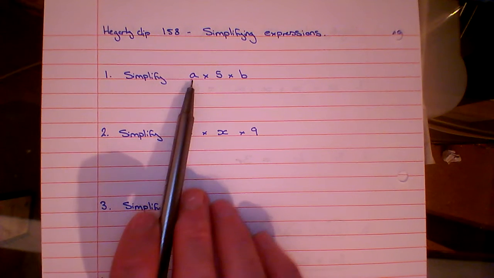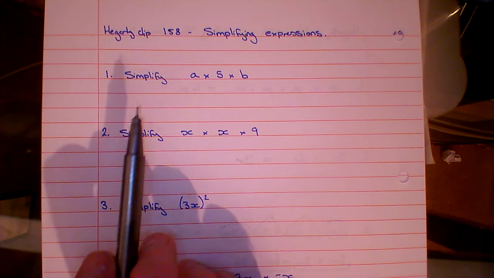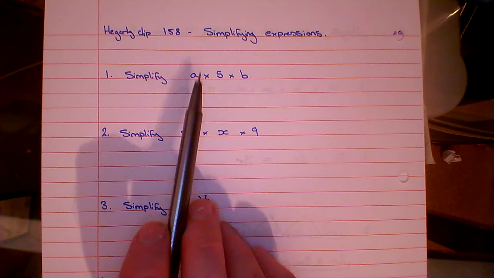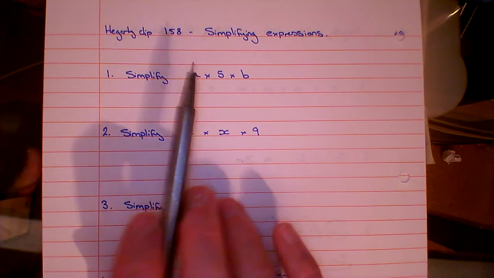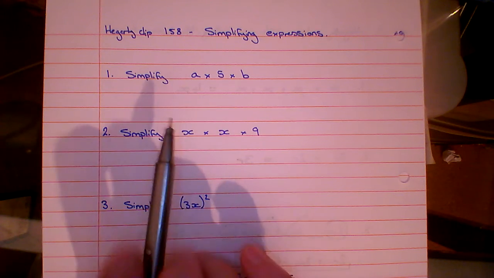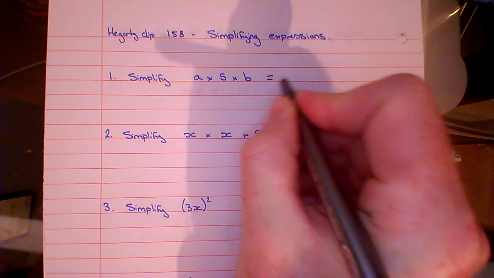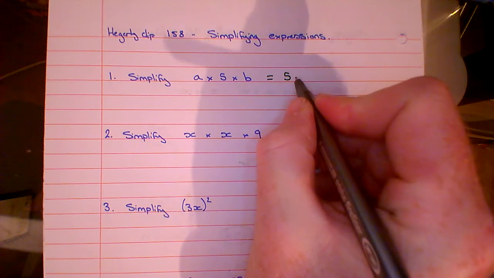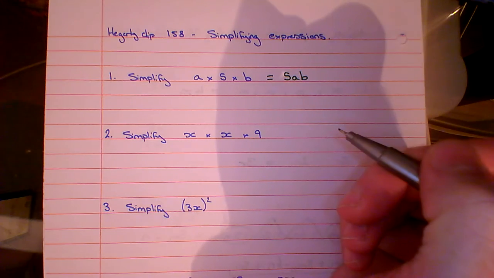So in question 1, simplify a multiplied by 5 multiplied by b. Well, as I've just said, we don't write the multiplication sign, so the way we're going to show that it's a multiplication is just by writing the numbers and letters next to each other without that multiplication sign. And this is where the second mathematical convention comes in, is we tend to put the numbers before the letters, and the letters we put in alphabetical order where possible.